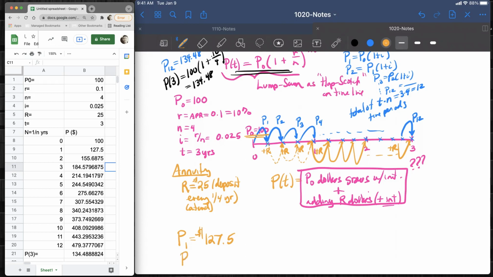Now you can see that P2 in orange here, because we've taken into account our payment, is $155.69, right? And if we continue on with this process, P12, the orange ones are taking into account the payment, you'll see that you have $479.37, or 38 cents, I guess, right?